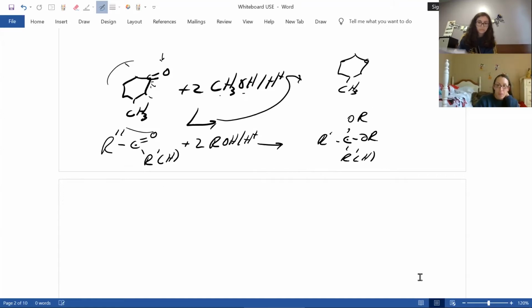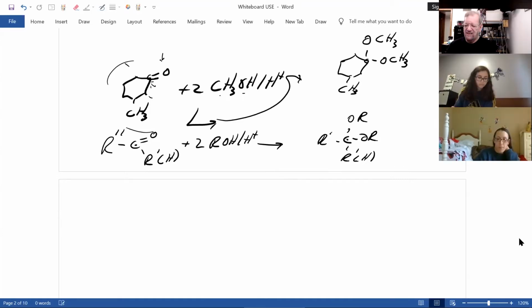This one. What's attached to it is still attached to it, the ring and the methyl group. And now this carbon will have two oxygens, and each one has a methyl group. And that's how you do it. Now, I'll give you a chance to write down if you're checking if you did it correctly.